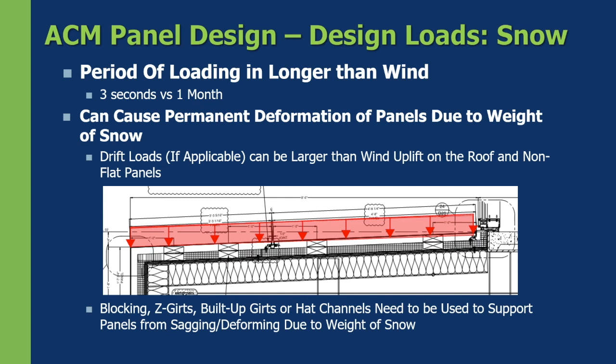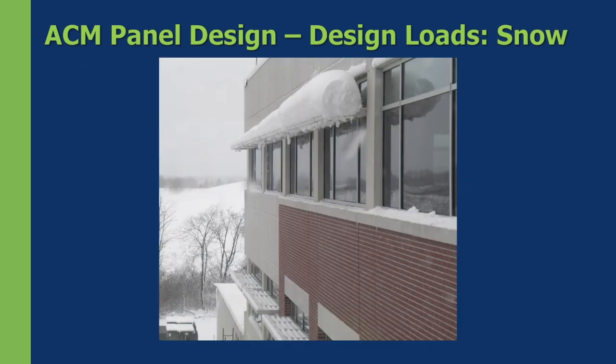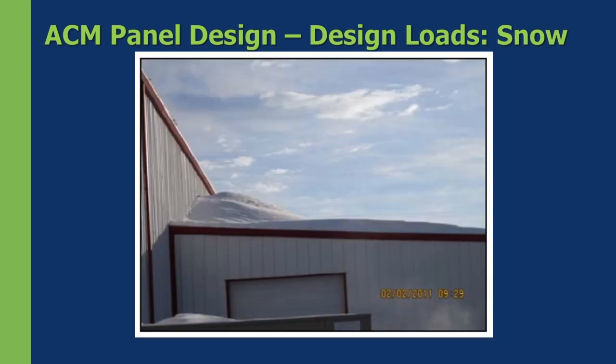This is a big area where engineers and contractors really need to pay attention. And to give you an example, this is a sunshade that we've seen on a curtain wall before. And what we have here, you can see the lower sunshade has a smaller load. That's because it's shaded by the upper one. The upper sunshade is getting all of the drift load from the roof above. And what could happen in this situation is you have a large amount of snow shedding off and landing onto a lower roof.